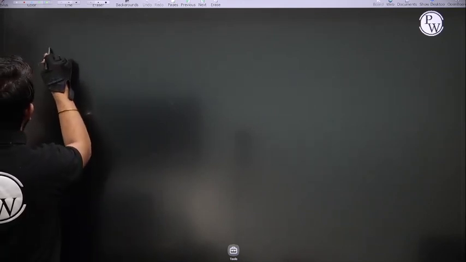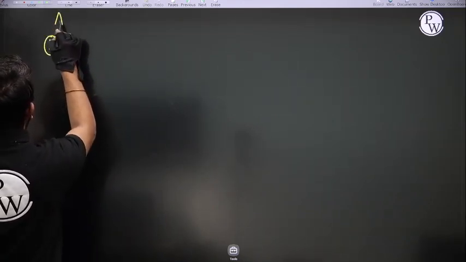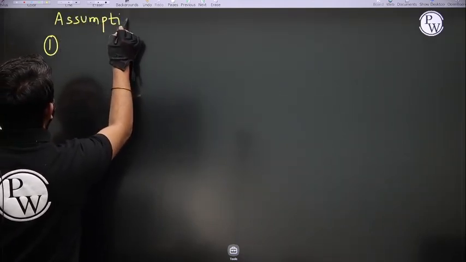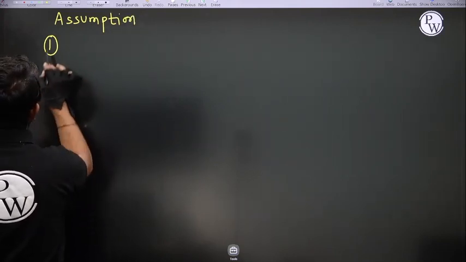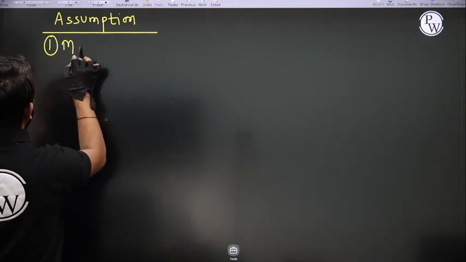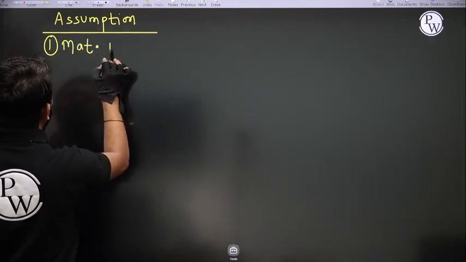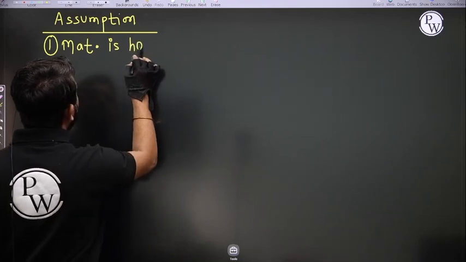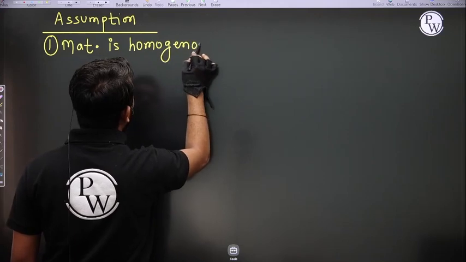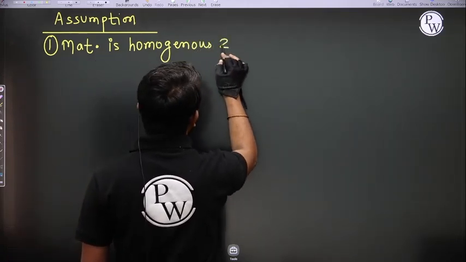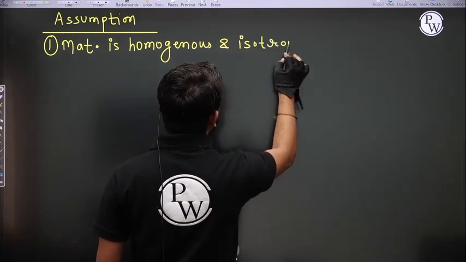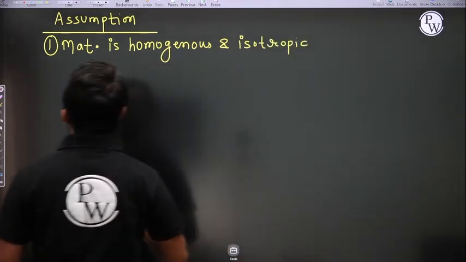The first assumption, which is a common assumption, is that the material is homogeneous and isotropic. Right, this is the first assumption.